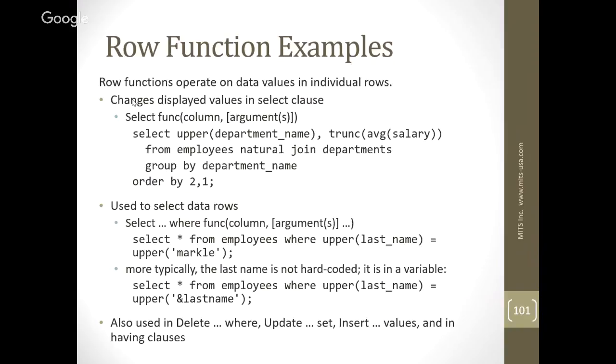Calculating the average, you're summing all the salaries and dividing by the number of employees, and then truncating the decimals off. Yep, that's perfect. The average salary is returned by the average function. That return value becomes the input to the truncate, and then truncate will knock off any decimal values.